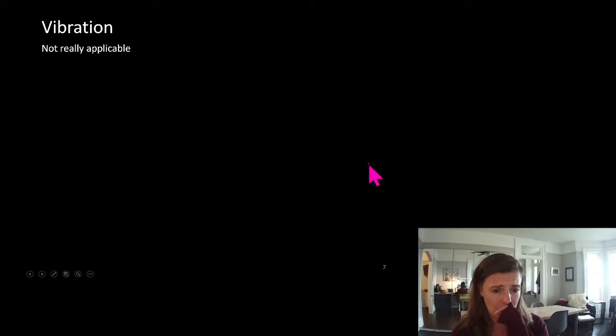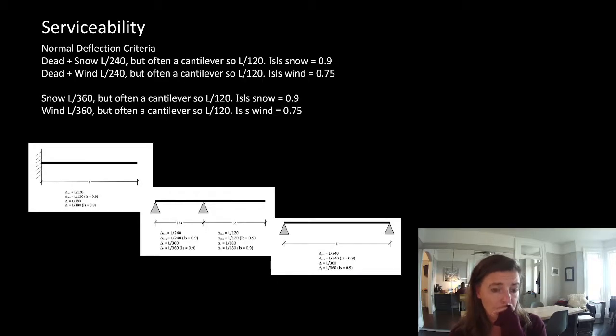I'm going to go back one slide, sorry. For serviceability, I said that it's a strong suggestion because people are rarely up there, and remember serviceability is two things. It's about the comfort of the people using it, and it is about protection of finishes. If we don't have any precious finishes, it is reasonable to say that we might not be concerned with deflection criteria.